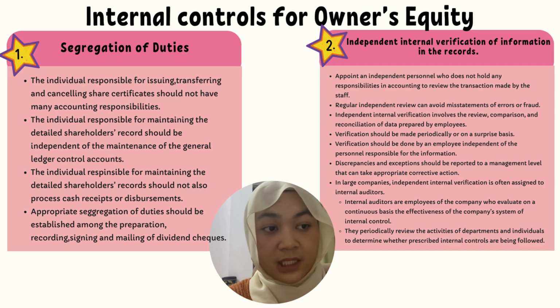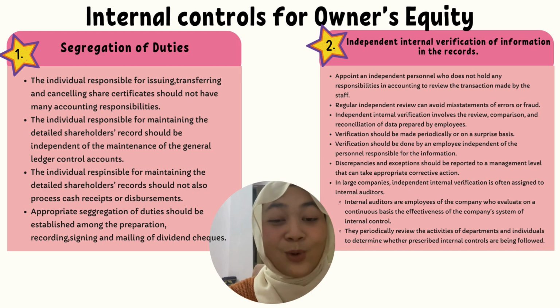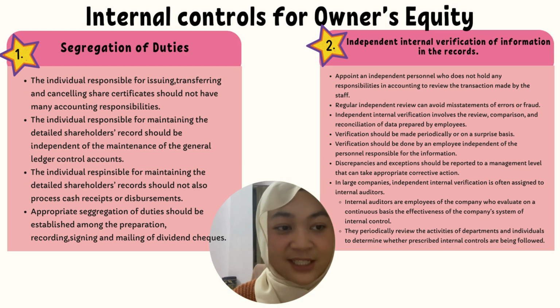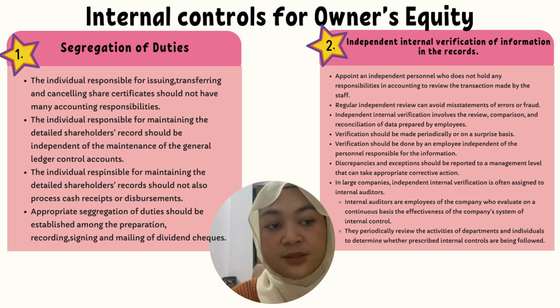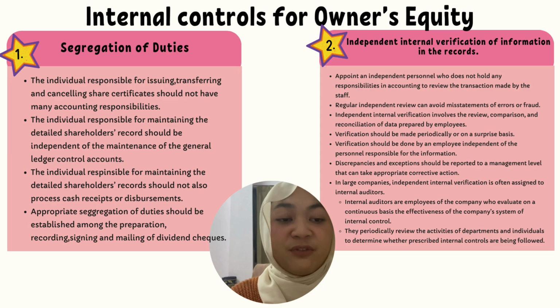If the person maintaining shareholders' records could also handle cash transactions, they might record fictitious transactions or alter shareholders' records to misappropriate the funds. This segregation of duties helps ensure that the detailed records accurately reflect the true financial activities and ownership.